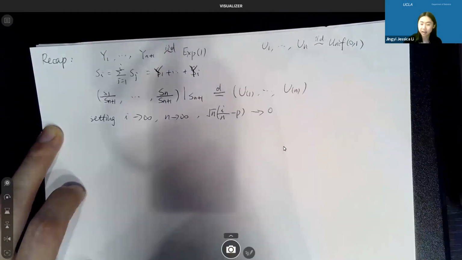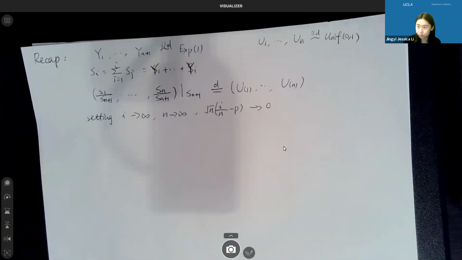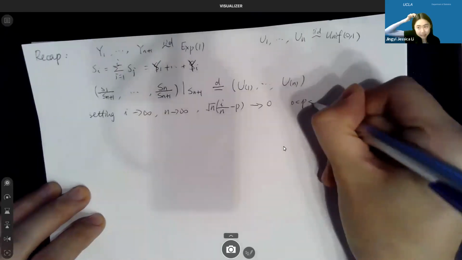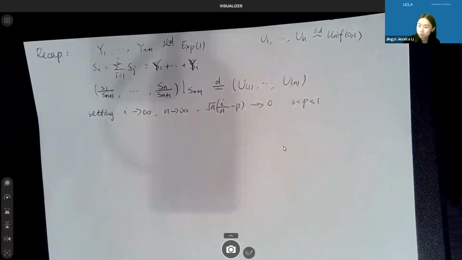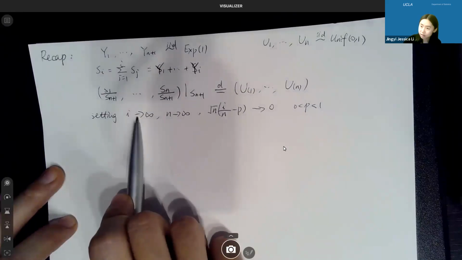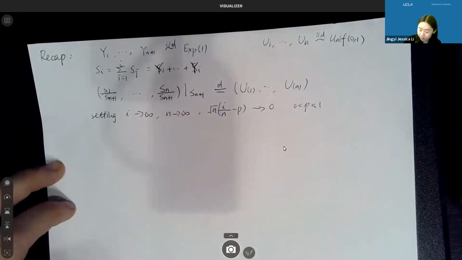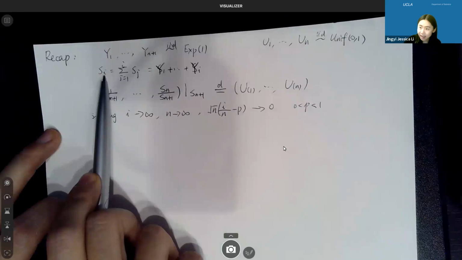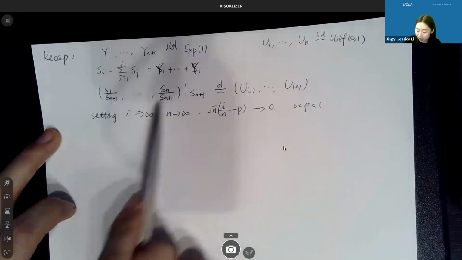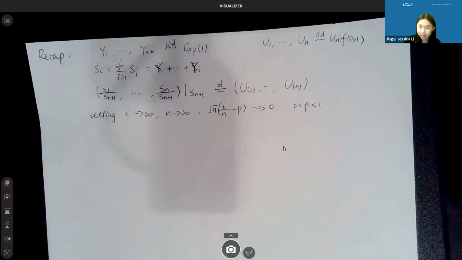In other words, i over n converges to a proportion p with p between 0 and 1. So p is the quantile we want to look for. That's why, as i is also going to infinity, our central limit theorem would apply to Si and also to Sn minus Si. That's what we did last time.